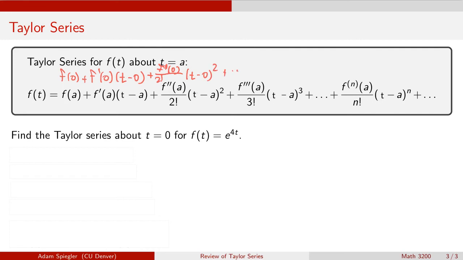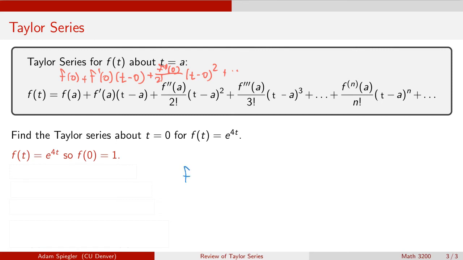That means what I need to do in order to figure out each of the coefficients in this Taylor series is calculate the derivative of this function and evaluate it at 0. So first of all, the first term is going to come from evaluating the function at 0. We have that f of t is e to the 4t, so therefore f of 0 is equal to 1. And so let's start to complete this Taylor series then.